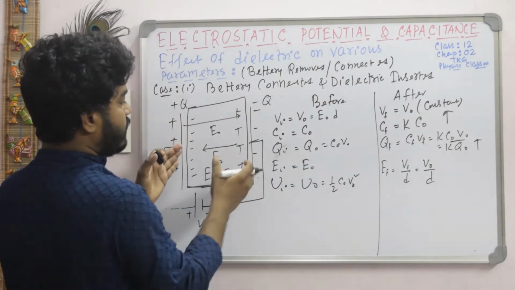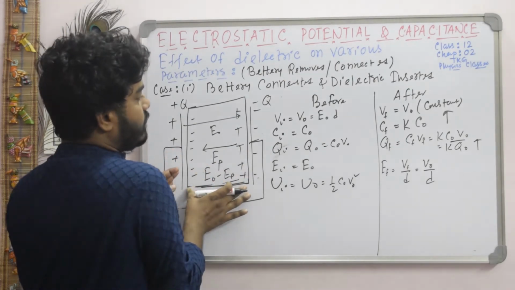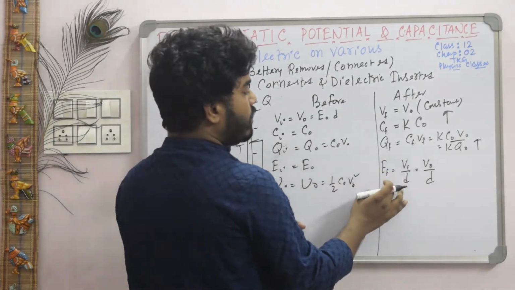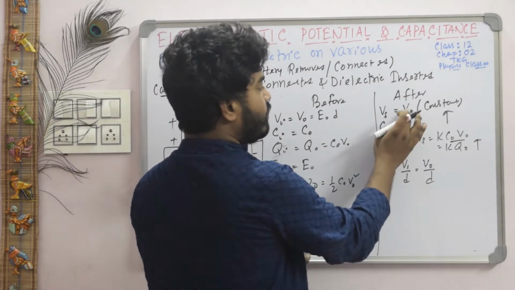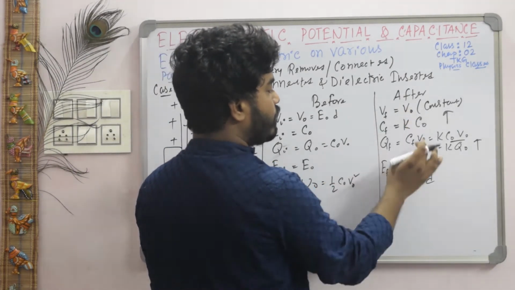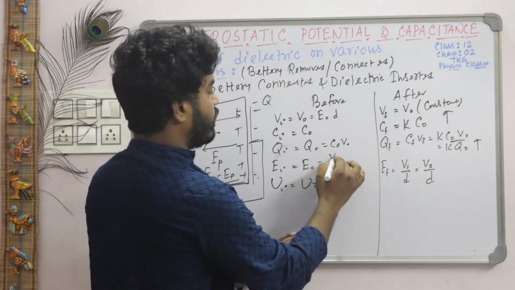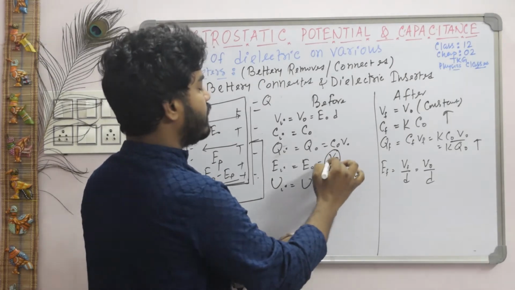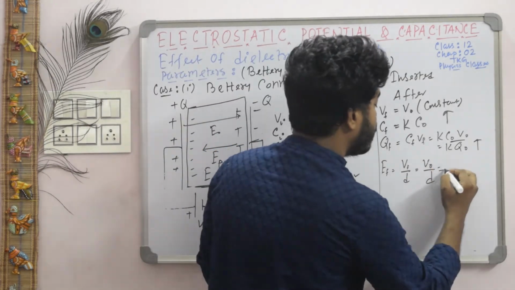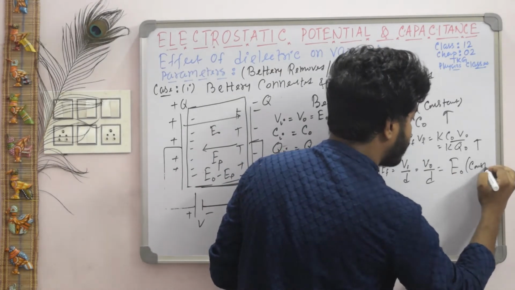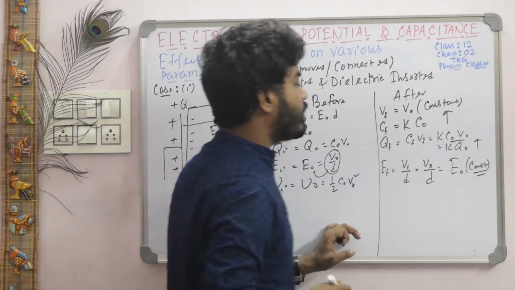Here the dielectric slab fills the entire region, that is the whole thickness. So Ef is equal to Vf by D, that is V naught by D. And V naught by D represents E naught. So here Ef is equal to E naught, that is, it remains constant. This part also remains constant.